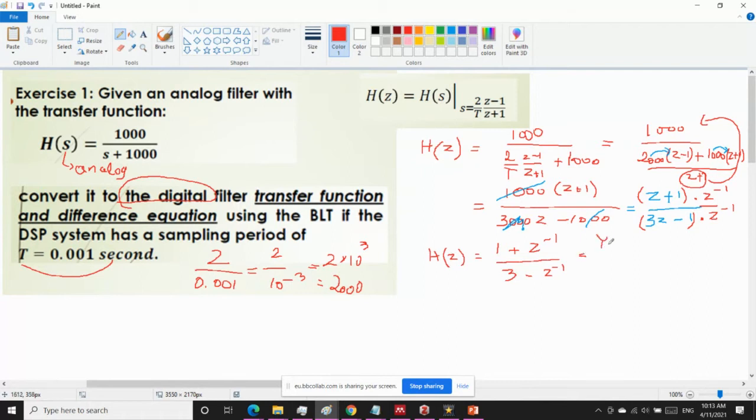Okay, this is Y(z) over X(z). That means, because the second question said to find the difference equation, we need to find y[n] equals blah blah blah. So Y(z) times (3 minus Z to the power of minus 1) equals X(z) times (1 plus Z to the power of minus 1).